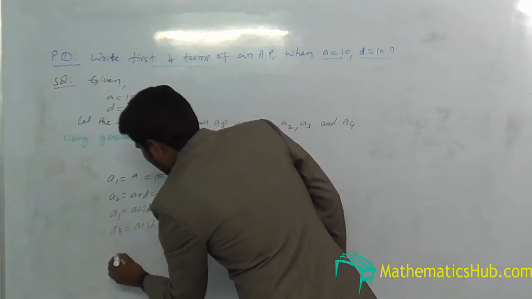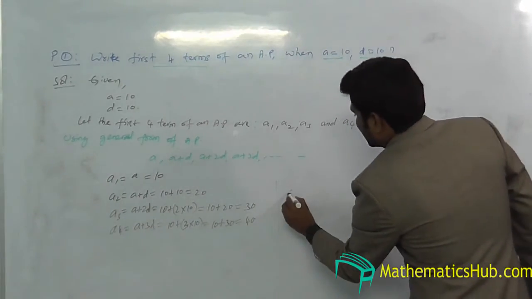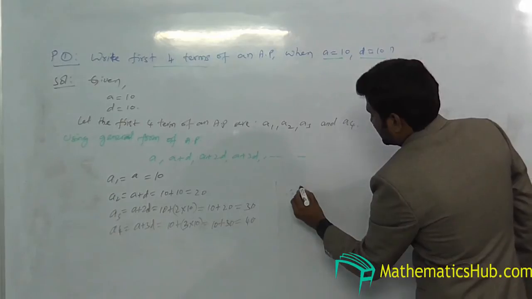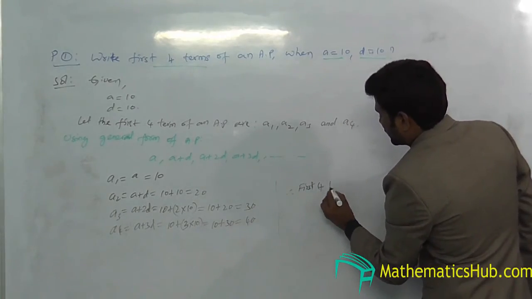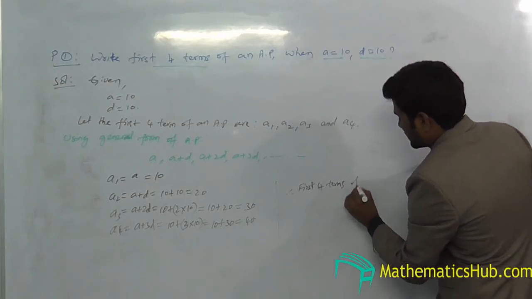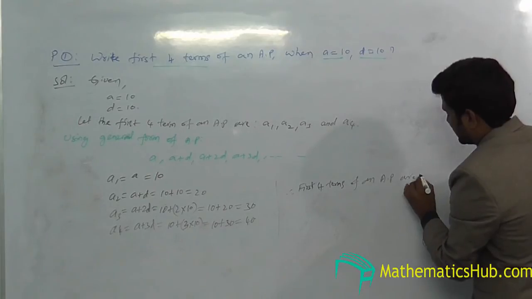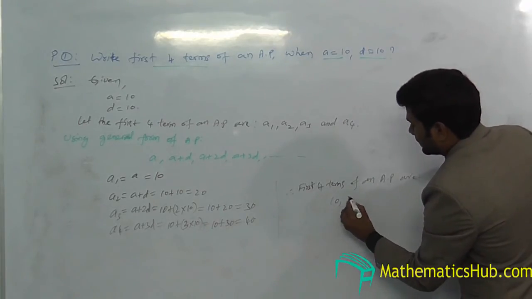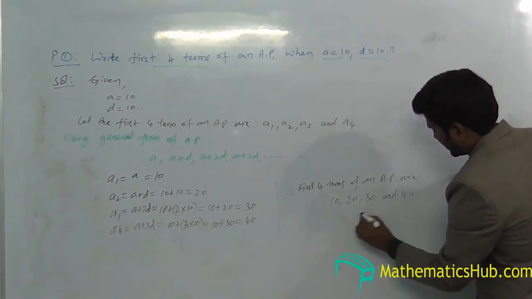Therefore, the first 4 terms of an AP are 10, 20, 30 and 40.